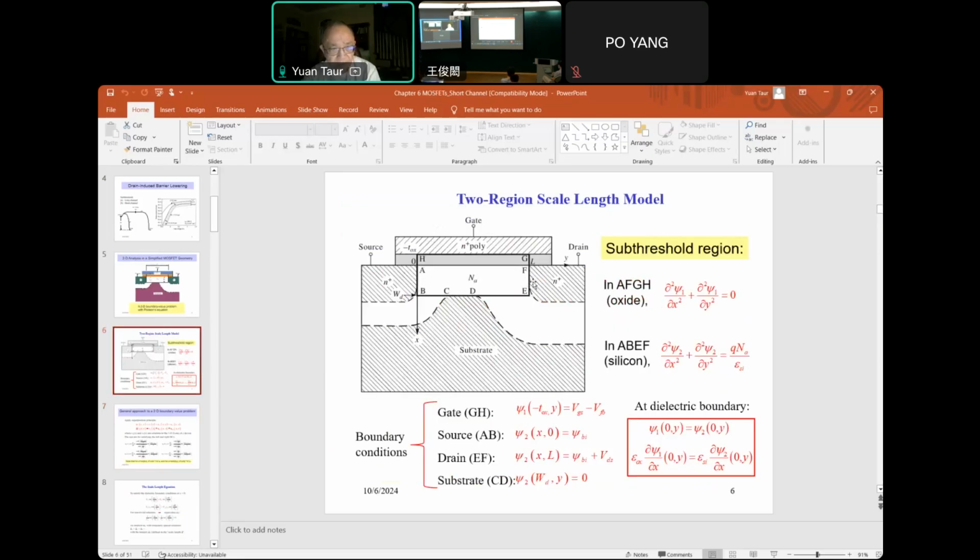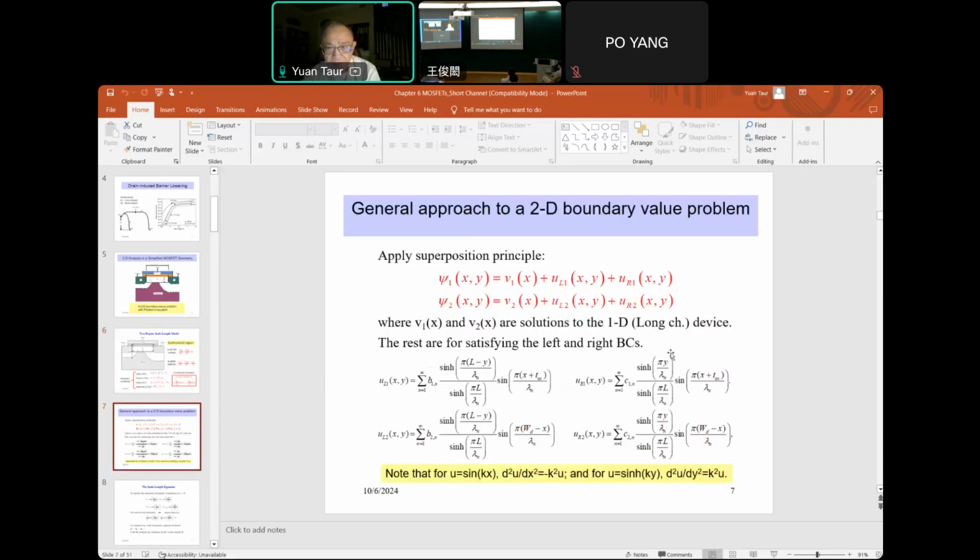Drain means y equal to L. So when y equals 0, UR1 is 0. So this will not bother the source condition satisfied by UL1. Conversely, when you use UR1 to satisfy the drain boundary conditions, UL1 will be 0 because UL1 has sinh of L minus y. So if y equals L, then UL1 is always 0.